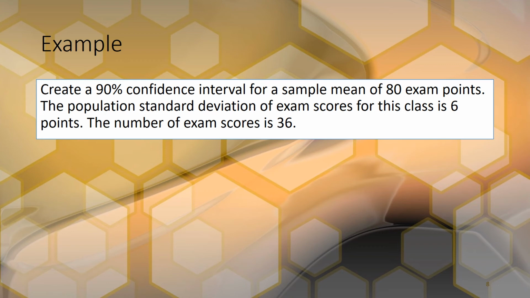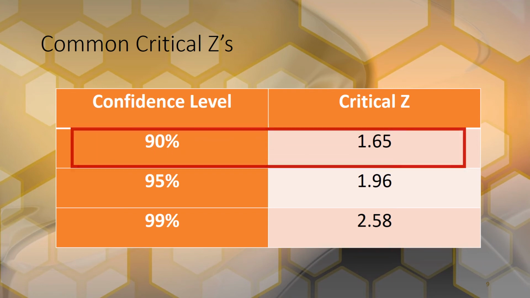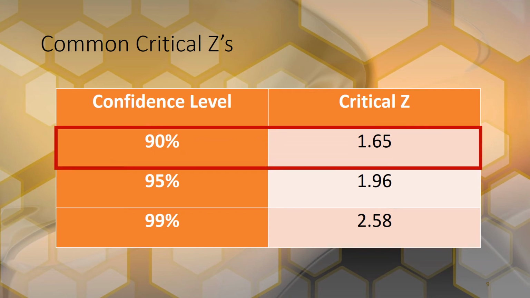Not really this class. The number of exam scores is 36. So you sampled 36 students and got an average of 80. And our confidence level in the problem was 90%, so we're going to have a critical Z of 1.65. Let's just write these down somewhere.